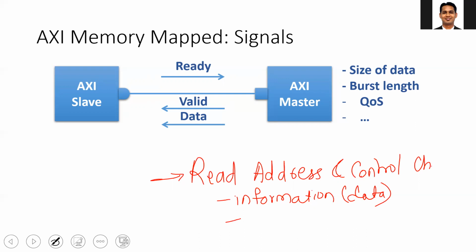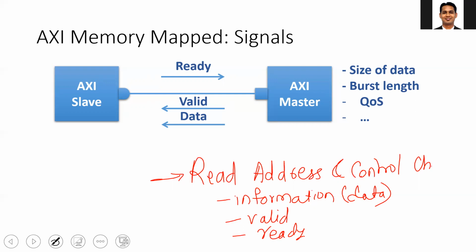The minimum important additional signals are valid, which we discussed in the last lecture, and ready, which is equivalent to the acknowledgement. Then you can have additional signals to indicate size of the burst, length of the burst, quality of service, and others, which we'll discuss later.